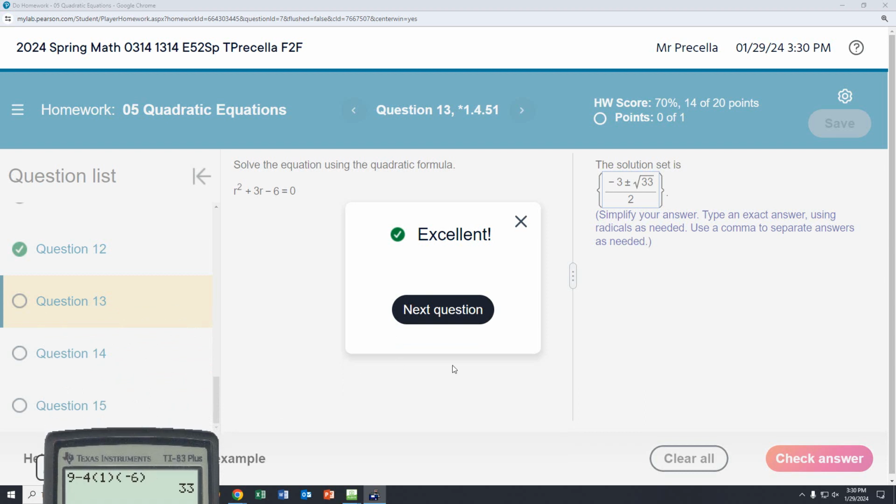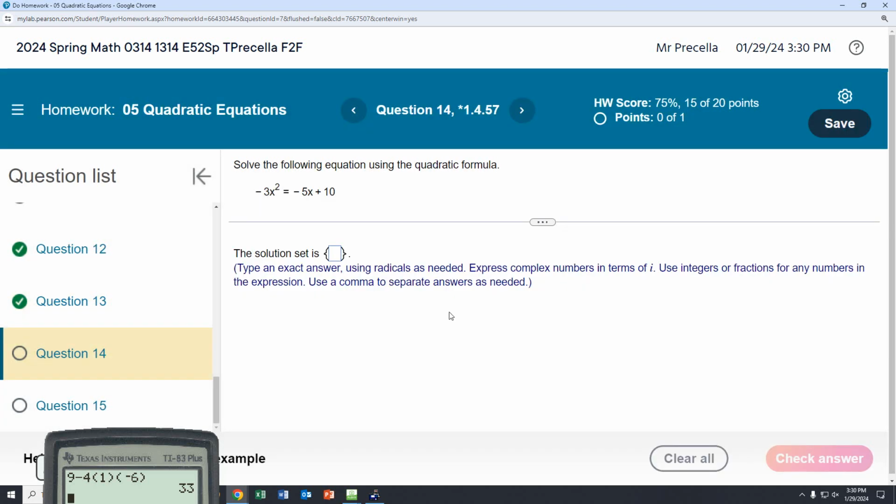Any questions there? Can I follow what we're doing? This quadratic formula will solve any type of quadratic equation.